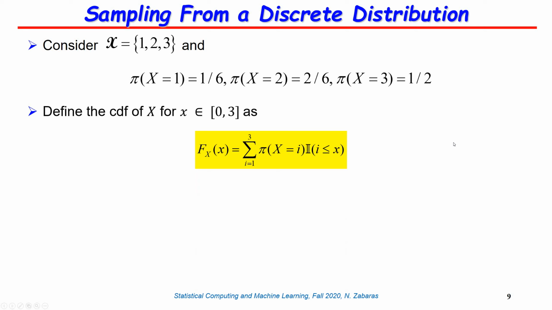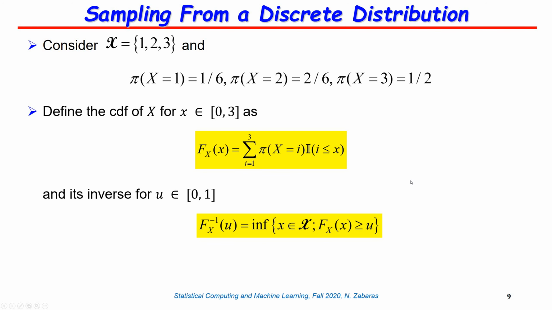And the first thing you're going to do is define the CDF of x. And here is a formal definition of the CDF of x. And I'm using, as you notice, the indicator function here. So try to convince yourself that you understand what this definition looks like.